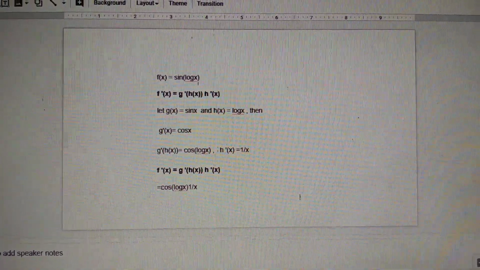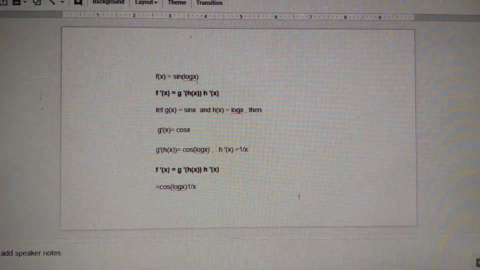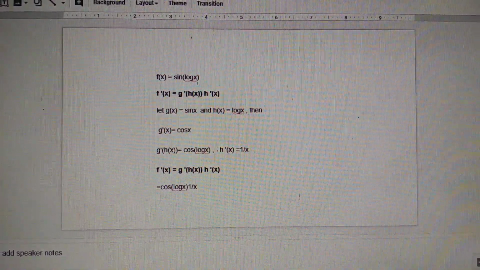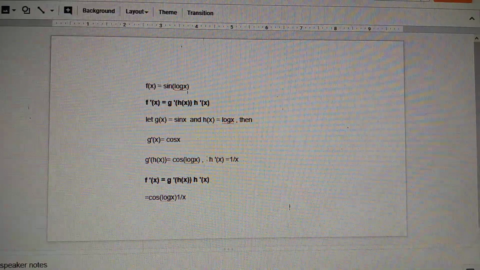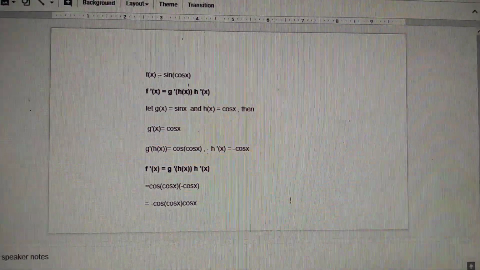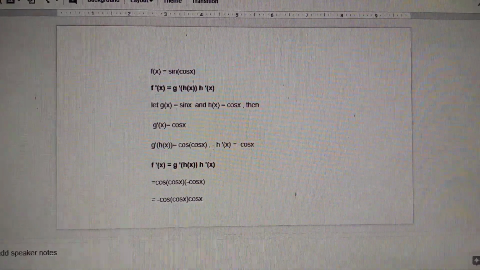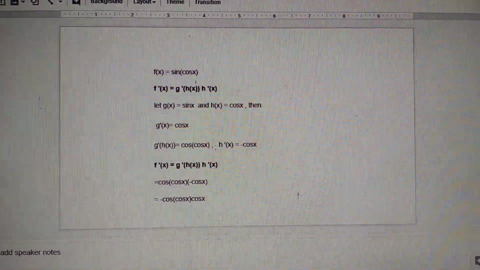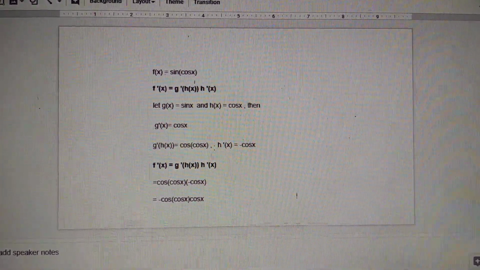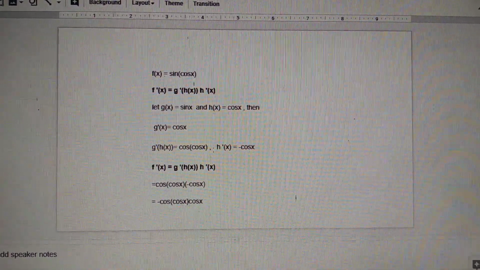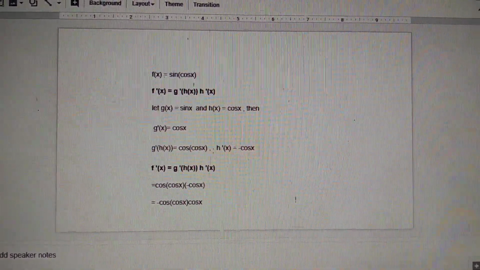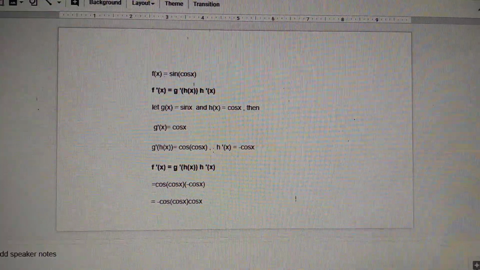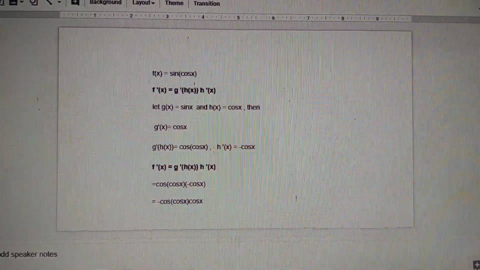Applying this rule, we find the final derivative is cos log x into 1 upon x. Also you can find the derivative of another composite function, f(x) equal to sine composed with cos x, and by applying these rules you can find the final answer is minus cos x into cos x.